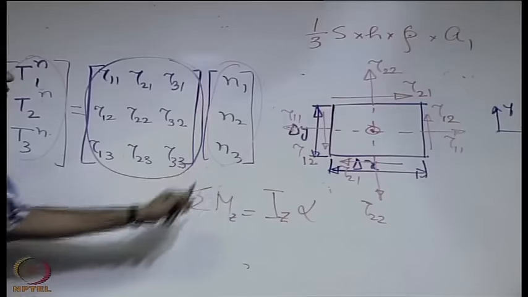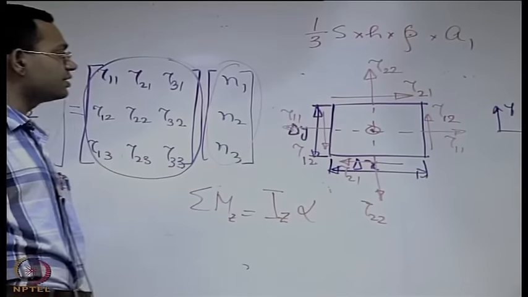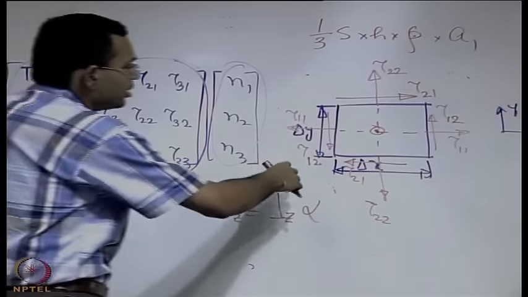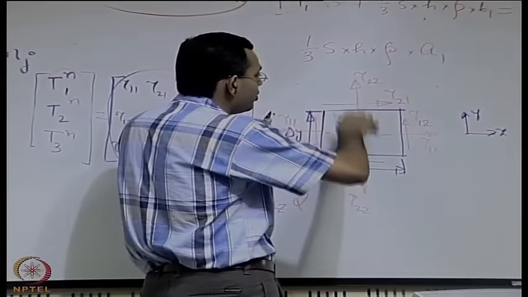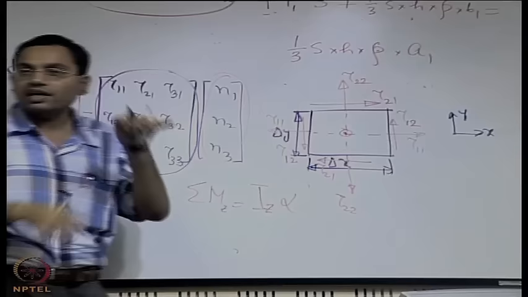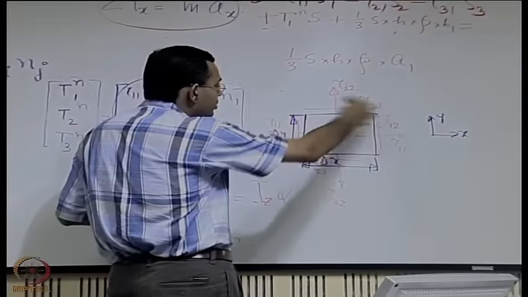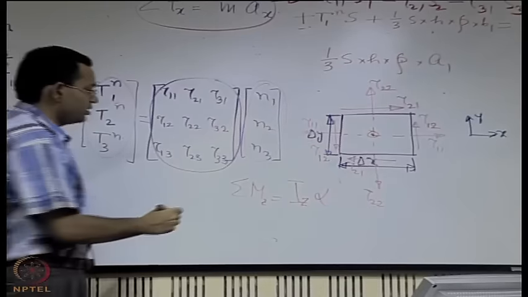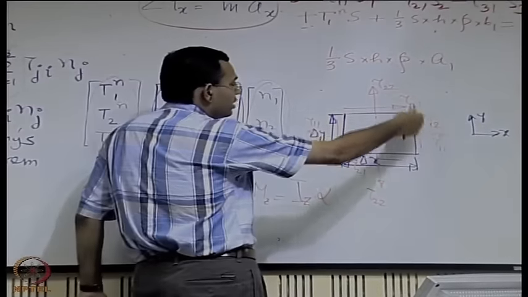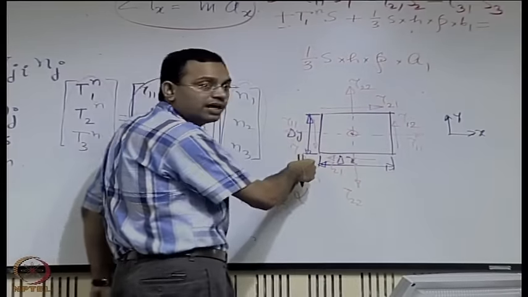What will be the resultant moment of all these forces? You will see that tau 11 and minus tau 11, tau 22 and minus tau 22 cancel. So moment contributors will be tau 12 and tau 21. Tau 12 and this tau 12 form a couple.